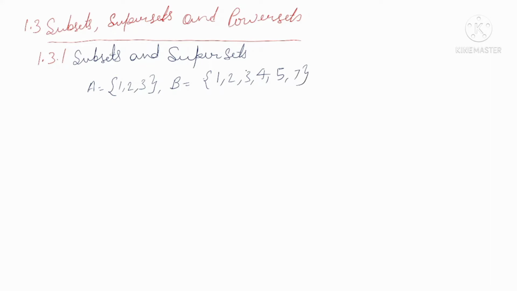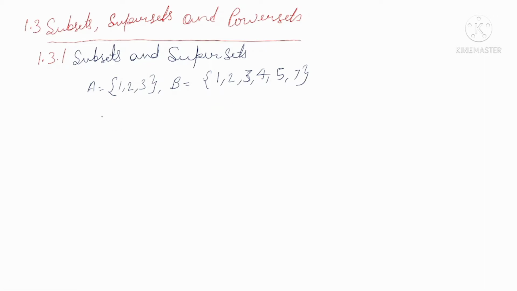Okay, so now you can see A is a subset of B. Why? Because each element of A, meaning 1, 2, 3, all three belong to set B also, so that's why set A is a subset of set B.